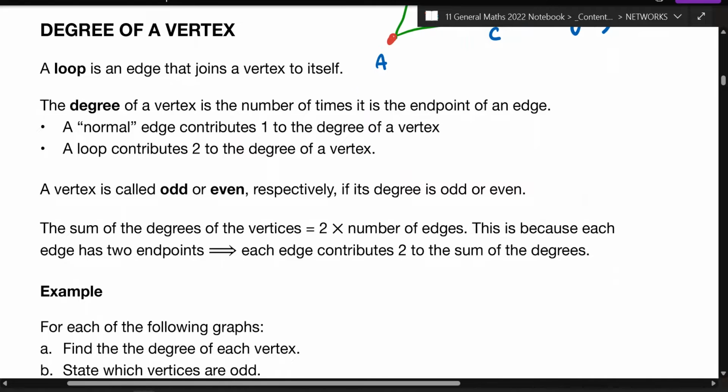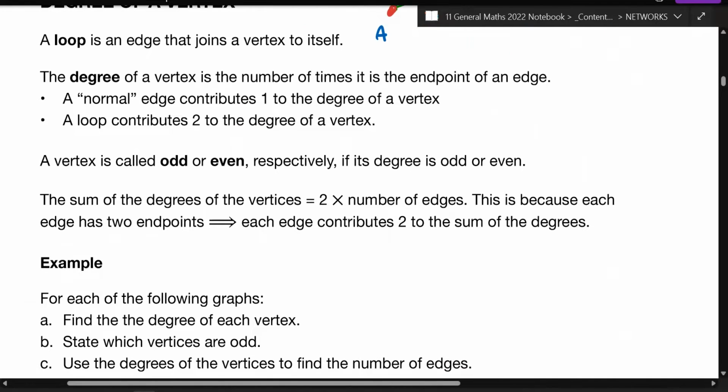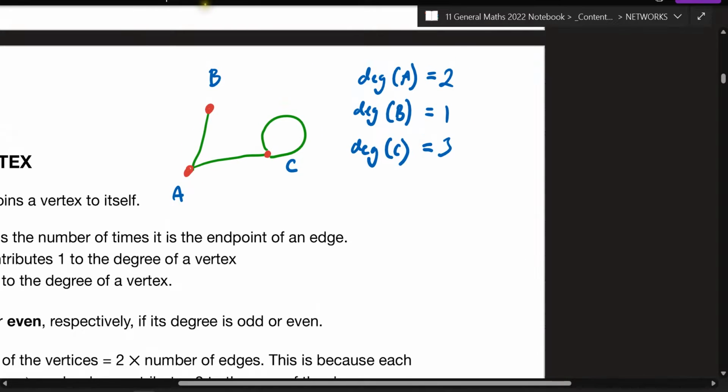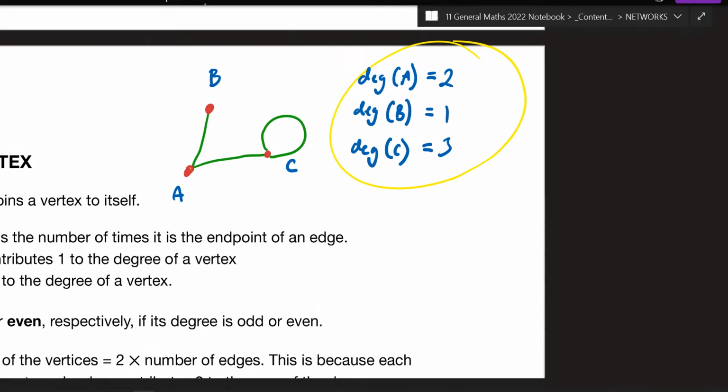Another thing that's really important to know is the sum of the degrees of the vertices. If I asked you what the sum of the degrees for all of this is, I'm just adding all of the degrees together.